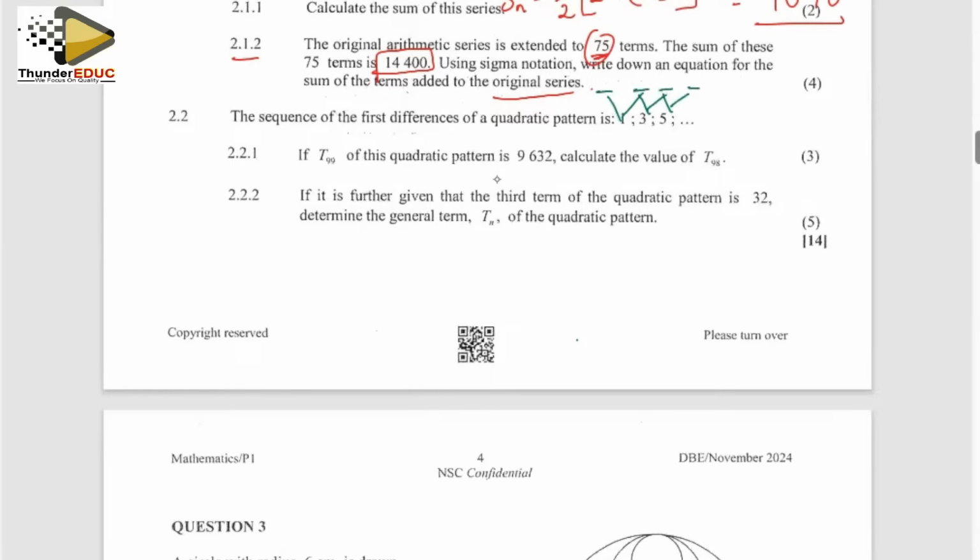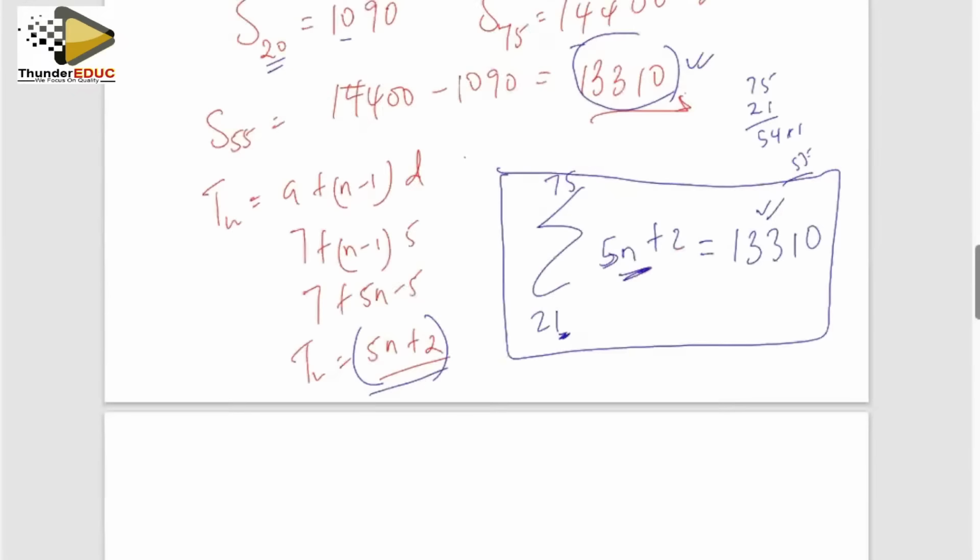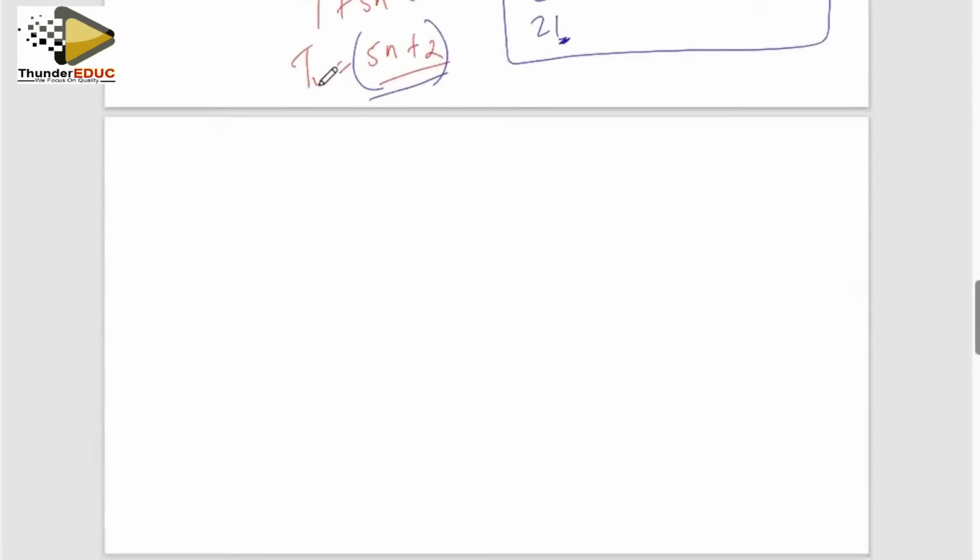If T99 of the quadratic is 9632, calculate the value of T98. Let me put it aside also. I say T1, T2, T3, and so on. 1, 3, 5.